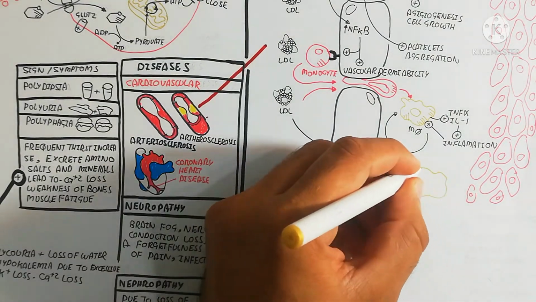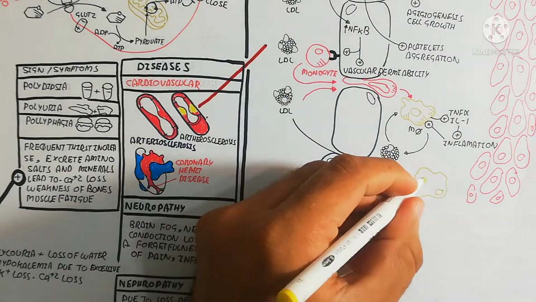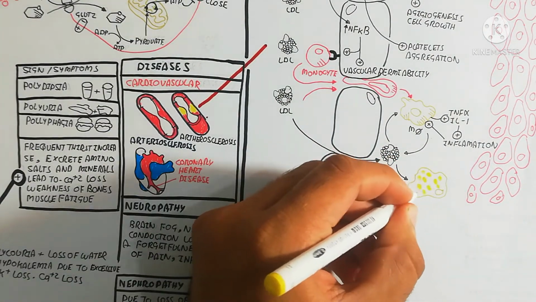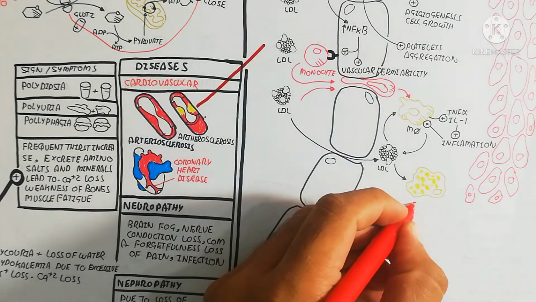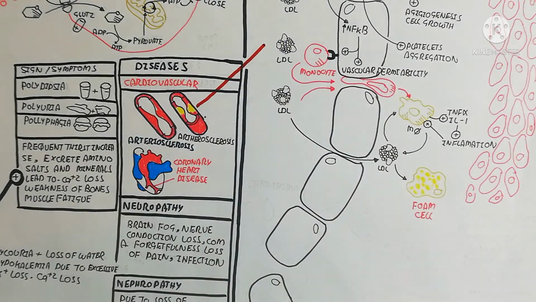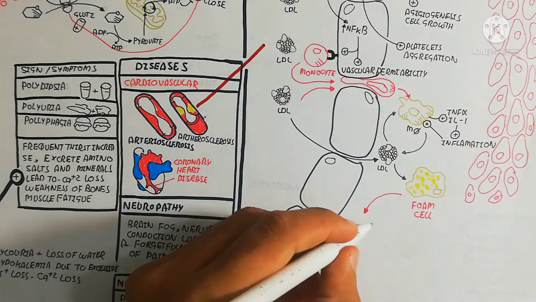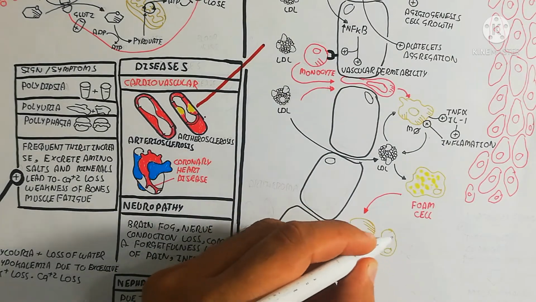The damage to the endothelium and the rupturing of the plasma membrane will increase infection as well as inflammation, and lead to increased LDL permeability. The monocyte will be converted into a macrophage after proliferation, and this macrophage will produce tumor necrosis factor alpha and interleukin 1, which increase the inflammation.